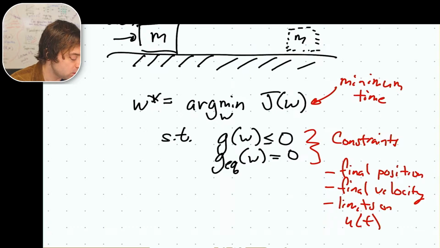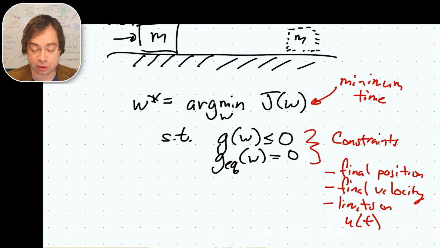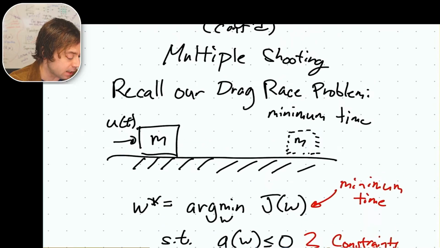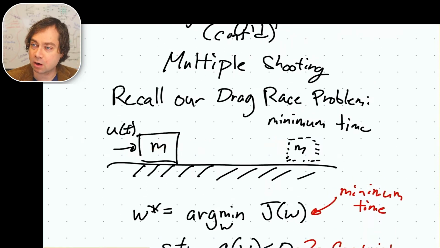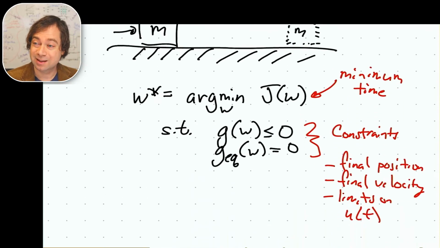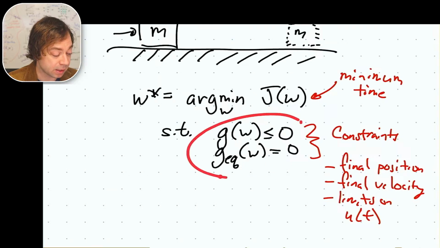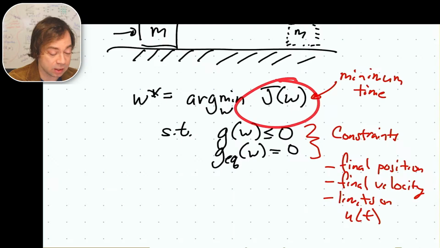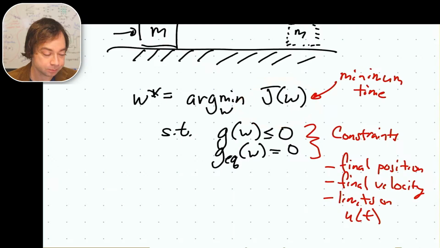Okay. So part of the trick, what makes trajectory optimization tricky, is that getting this constraint, knowing whether or not you have satisfied it, requires that you simulate: how far did the car go? Did the car come to a stop? So some part of the optimization problem, be it the constraints or the cost function, requires simulation. The approach we took was called single shooting.